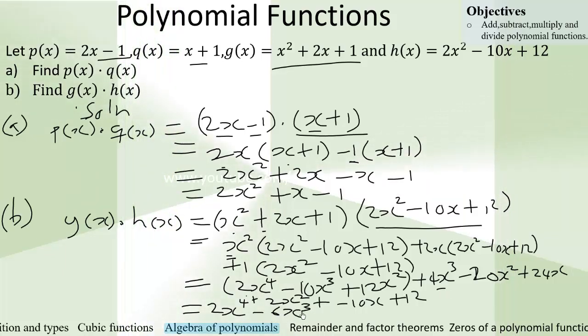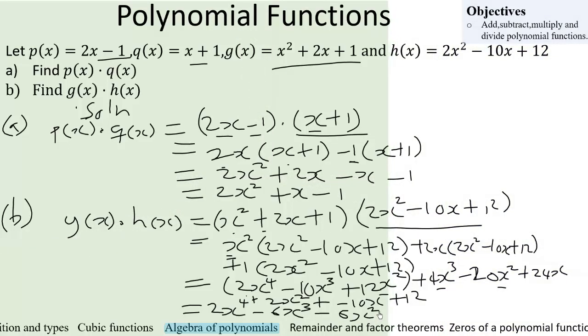Then we come to the x squared. We have 12x squared minus 20x squared. That will give us negative 8x squared. Then we have plus 2x squared. So that will give us negative 6x squared.